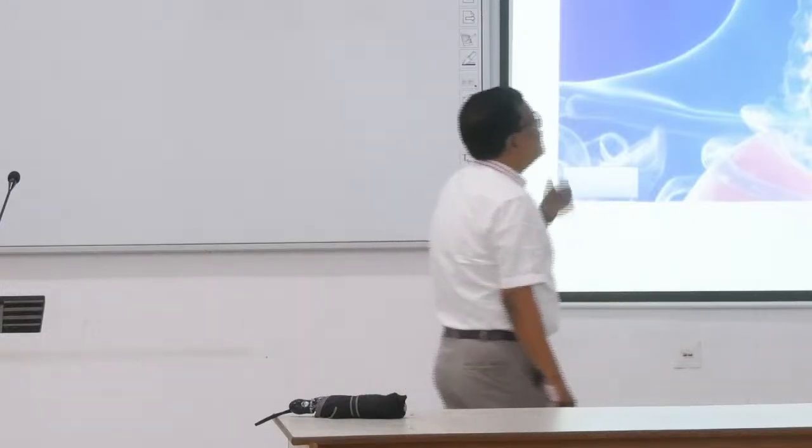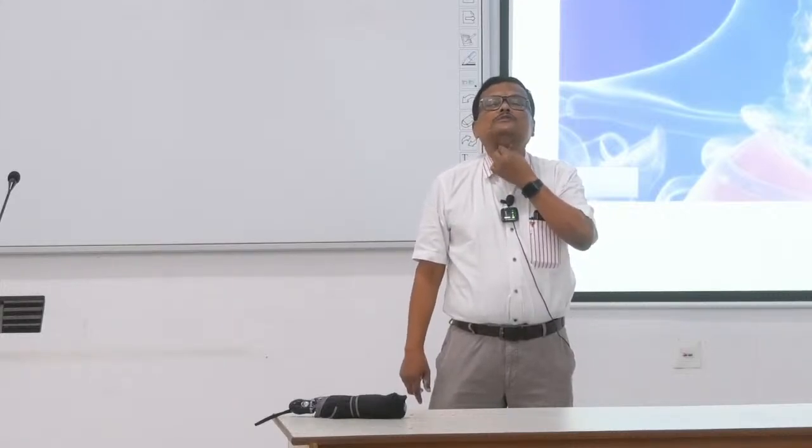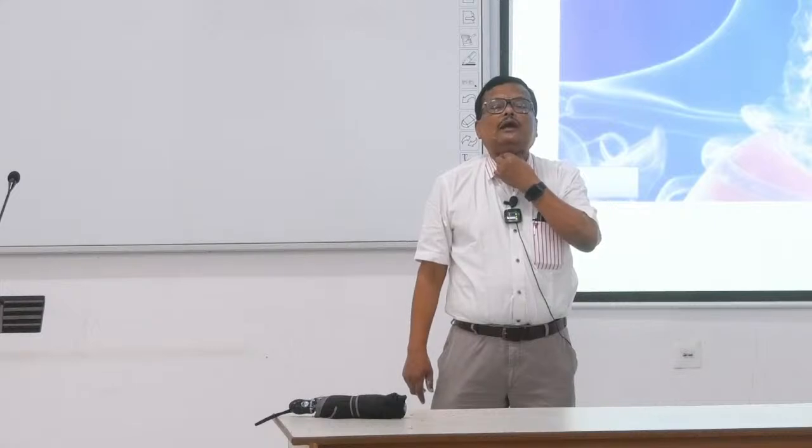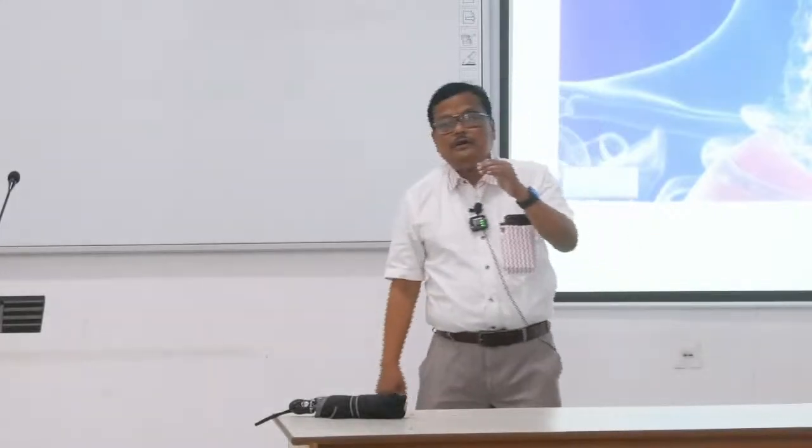So this is the point where the larynx is situated. Here is the hyoid bone. Just below the hyoid bone, you feel the thyroid cartilage, and this is the larynx. But the thyroid cartilage is not the beginning of the larynx.